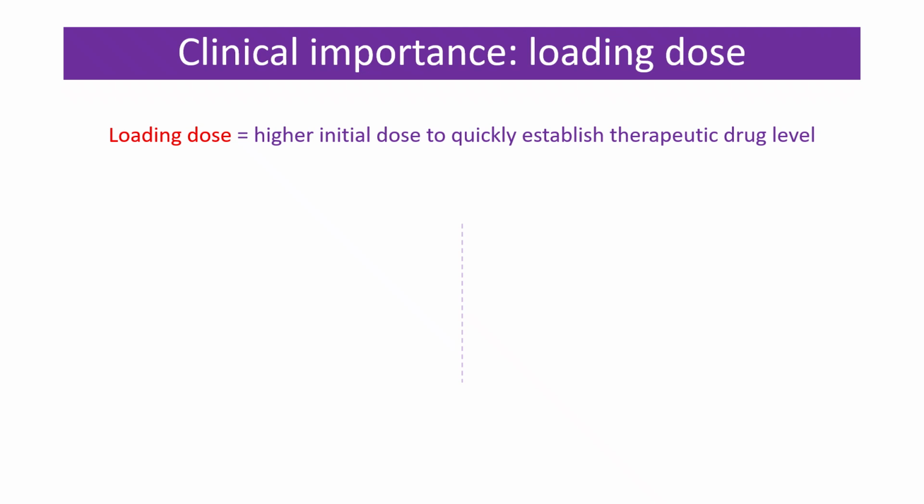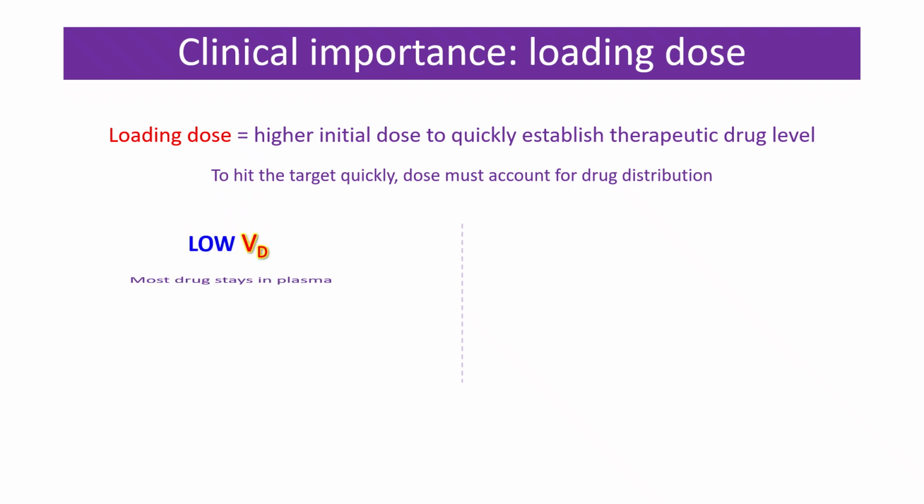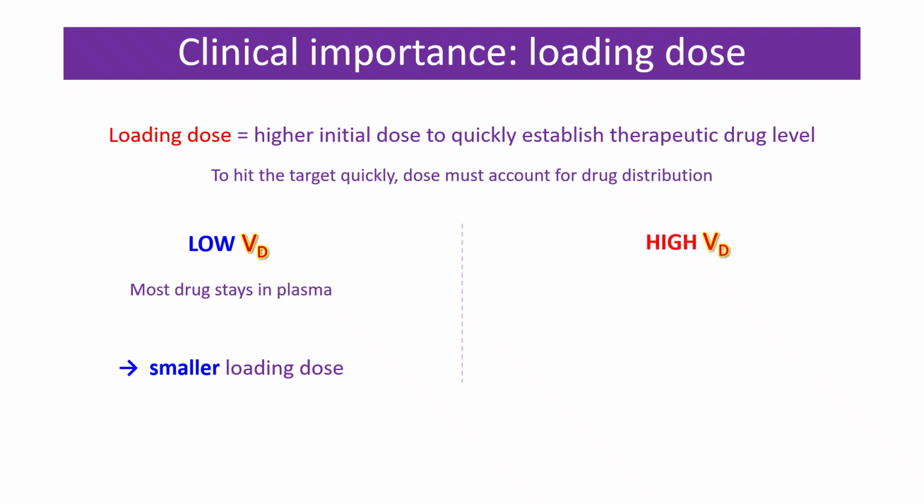If we want to reach a target plasma concentration quickly, we need to know how widely the drug distributes throughout the body. A drug with a low volume of distribution remains largely within the bloodstream, so a relatively small loading dose is needed to achieve the desired plasma concentration. In contrast, a drug with a high volume of distribution leaves the bloodstream and distributes extensively into body tissues.